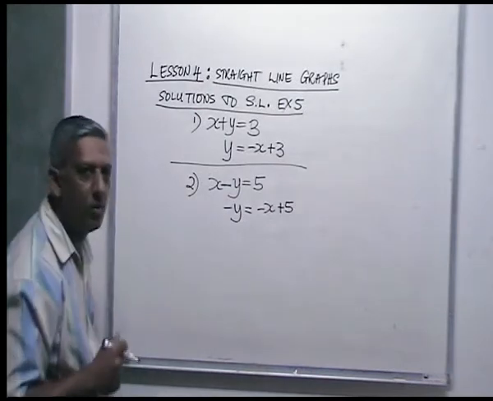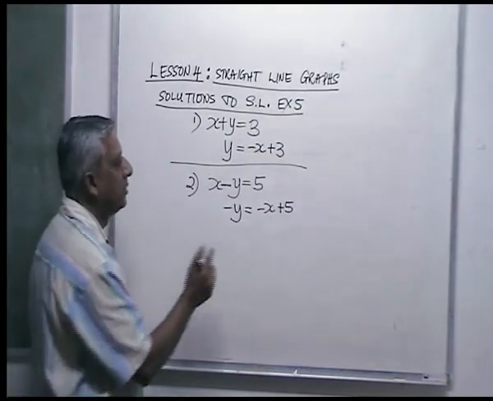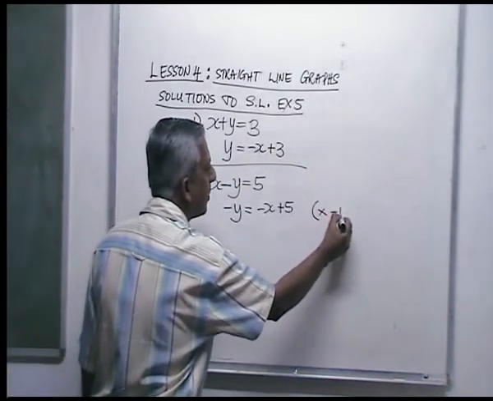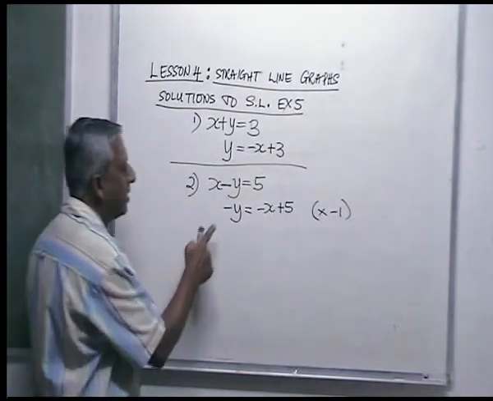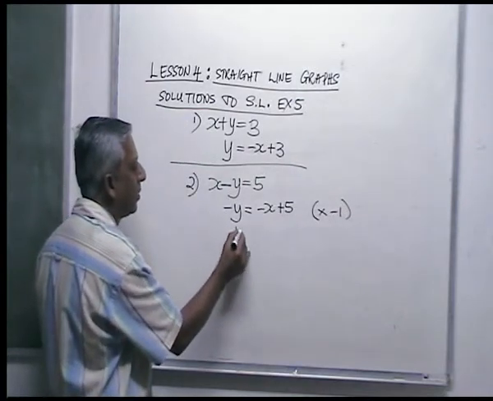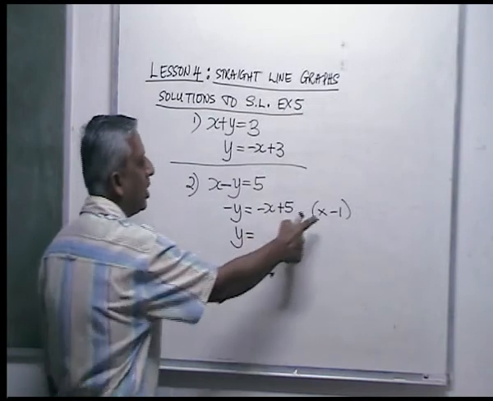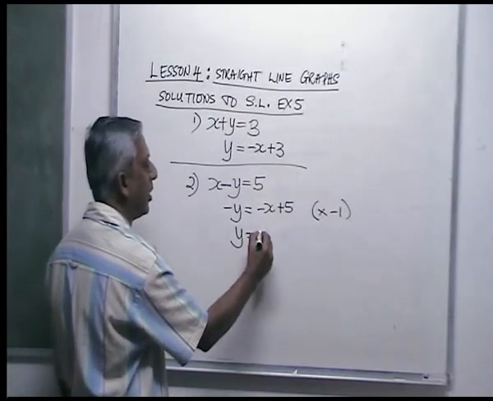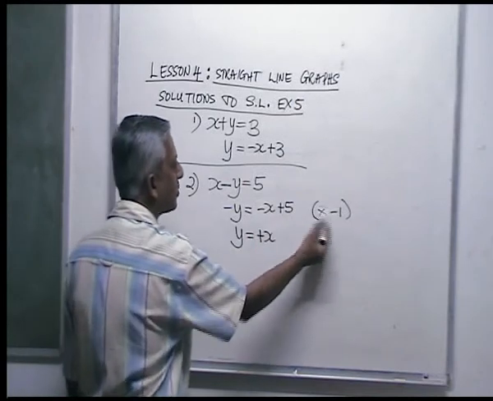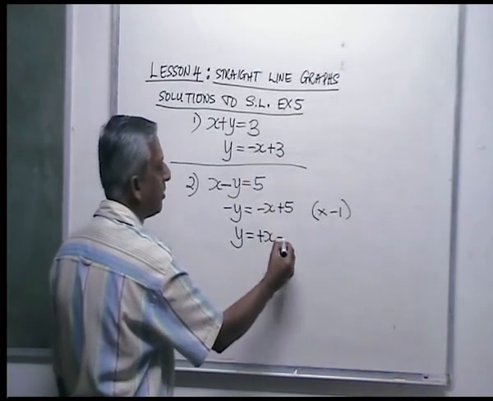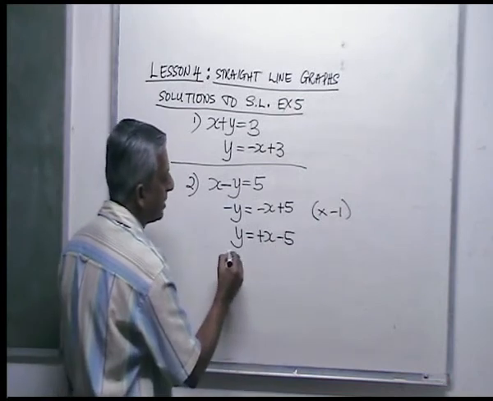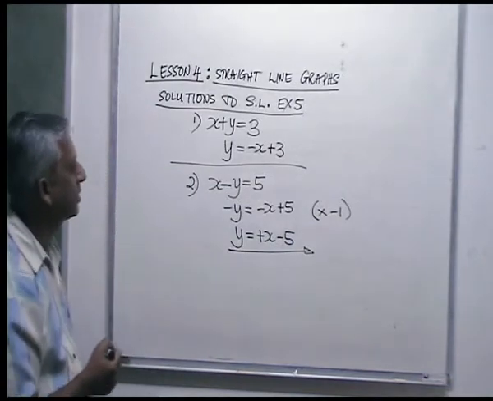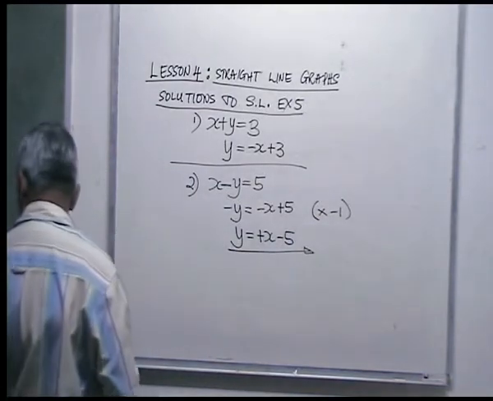Now it's not yet in standard form, so you're going to multiply by minus 1. Minus 1 times y will give you plus y. Minus 1 times minus x will give you plus x. Minus 1 times plus 5 will give you minus 5. So in standard form, the answer is y is equal to x minus 5.